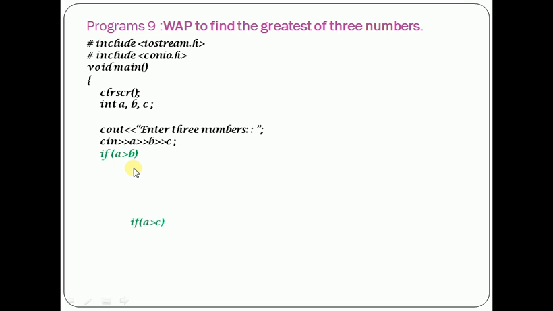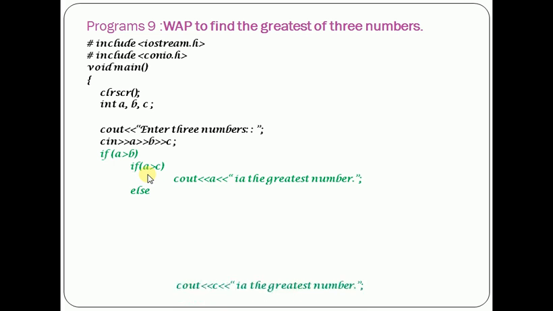So again I am using another if here. If A greater than C also, I can simply say A is the greatest number. And in the next case, else, you can simply say C is the greatest number.